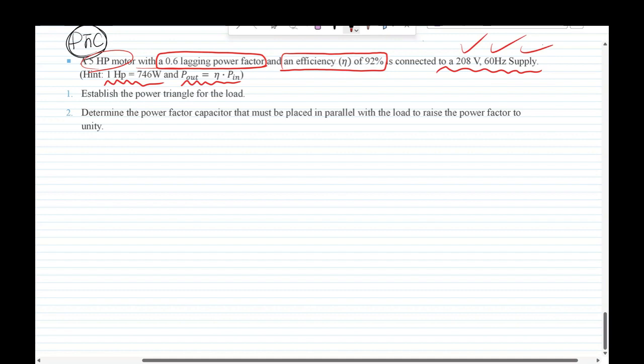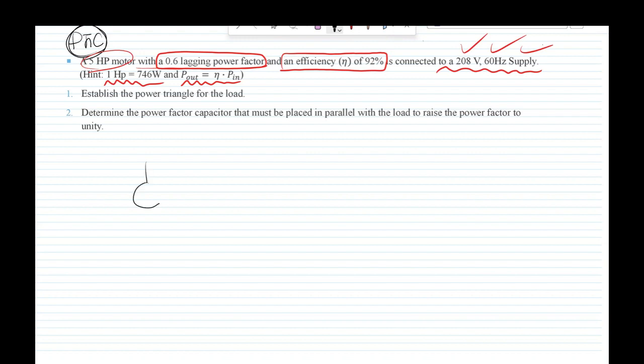The output power, this is really the basic formula, is equal to the efficiency multiplied by the input power. From these questions, we have to design the circuit, like this one.